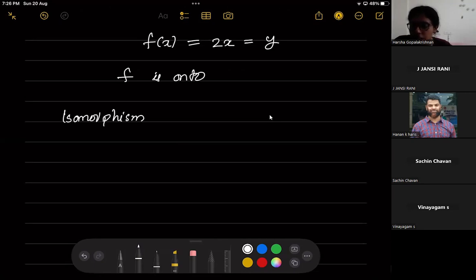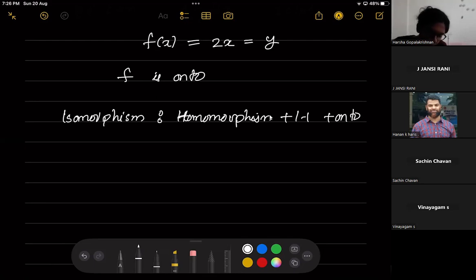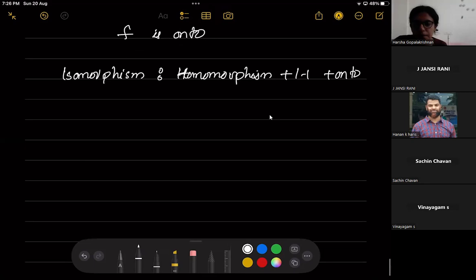Isomorphism means, first of all, it should be a homomorphism and it should be 1-1 and onto. We already proved 1-1 and onto. Now we need to check the homomorphism condition. How can we check the homomorphism?